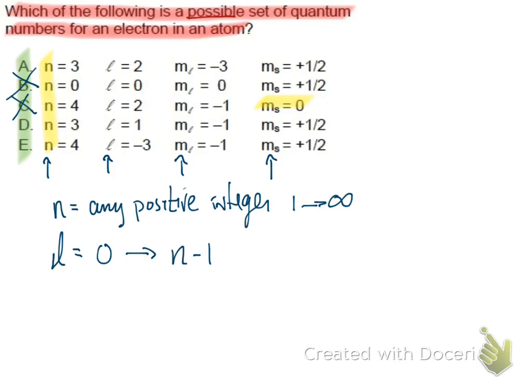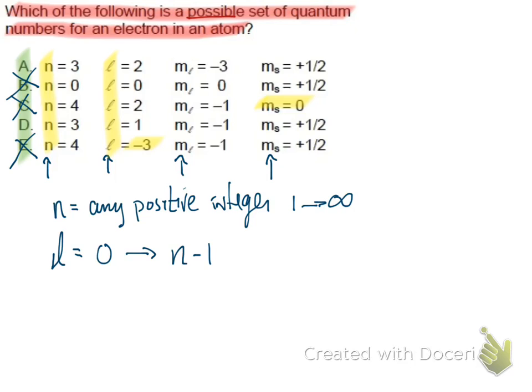Moving on to l, what we find here is we need to find an l value that is somewhere from 0 to n minus 1. l is not allowed to be negative, and so we can rule out choice E as a result.